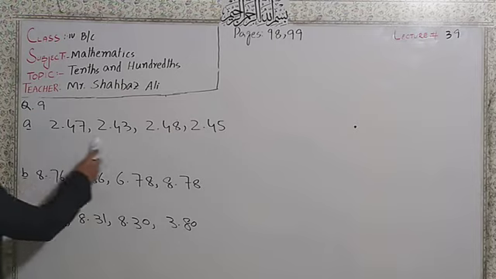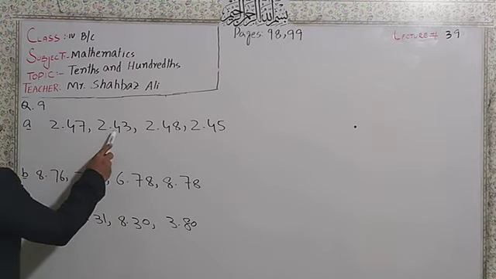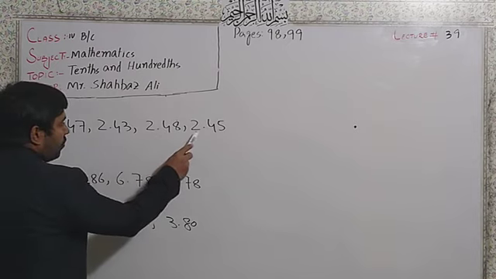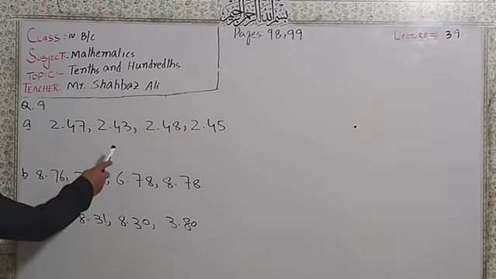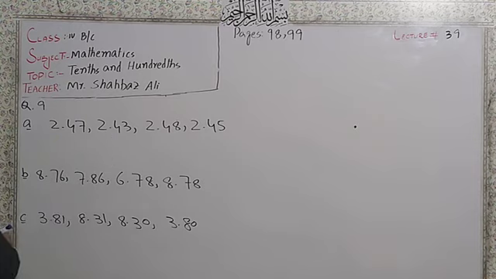First of all, we read all: 2.47, 2.43, 2.48, 2.45. So first of all, we see which one is smaller. This is 2.43.